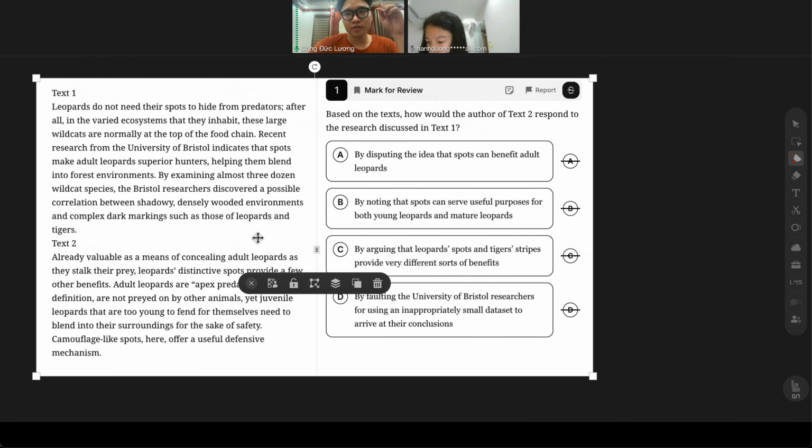Here, in this question, you will be given two texts by two different authors talking about maybe the same problem, and you will have to comprehend what the two authors are talking about and their opinions. Their opinions will sometimes differ from each other, and sometimes they are the same.